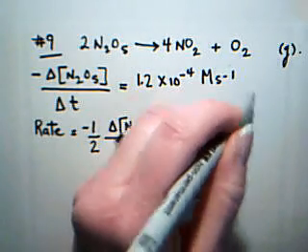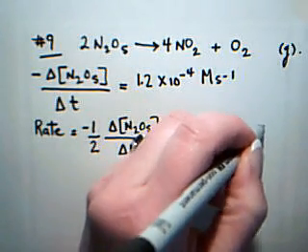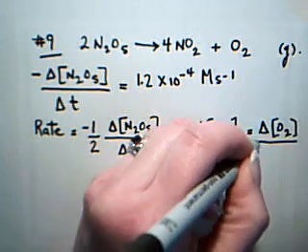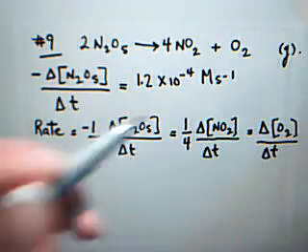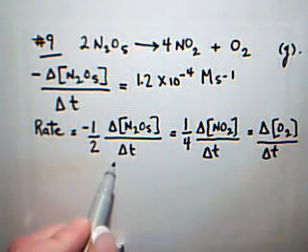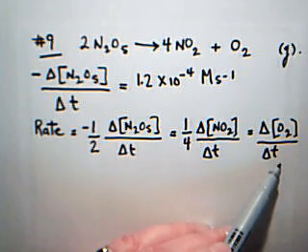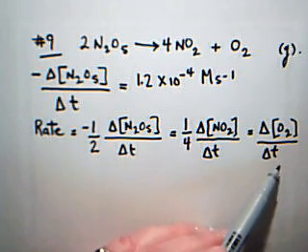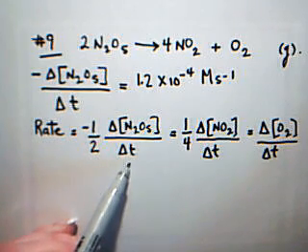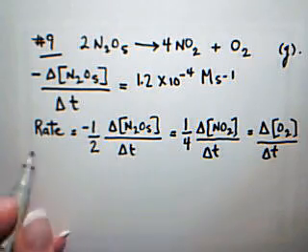And that is equal to, well, 1 over 1, but I just won't write anything, times the change in O2 over time. And so now we can see very clearly that the rate of production of oxygen is equal to minus 1/2 the rate of consumption of N2O5. We can see very clearly.